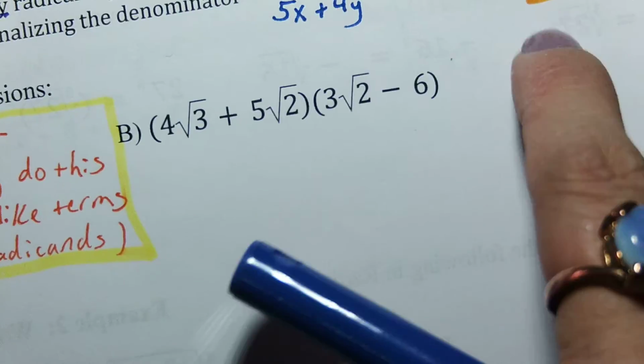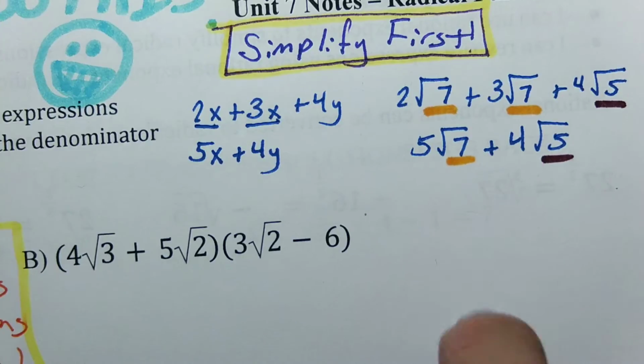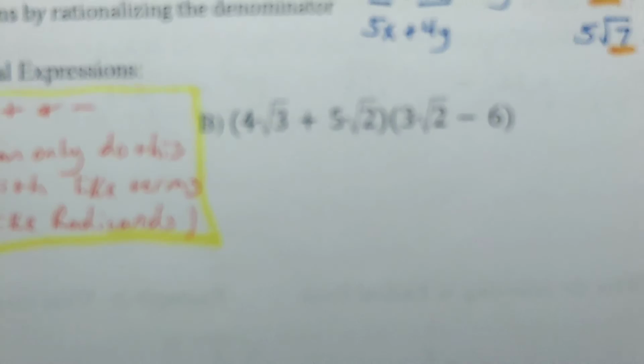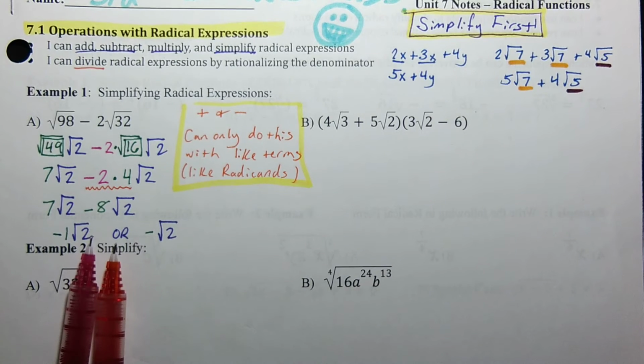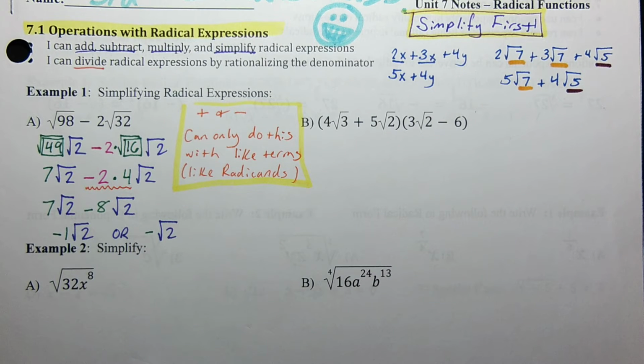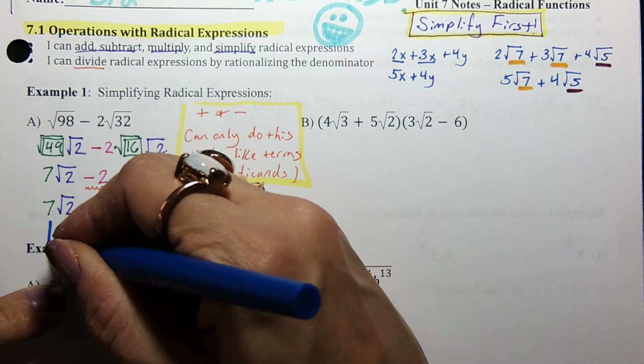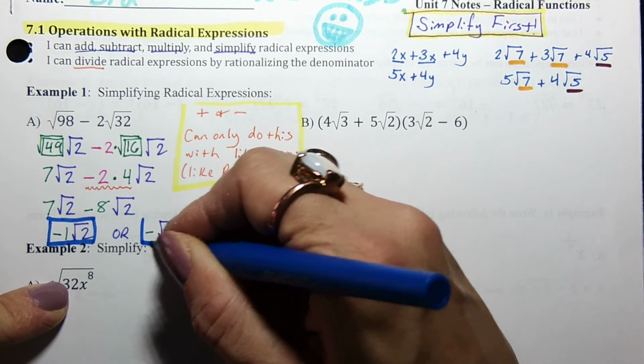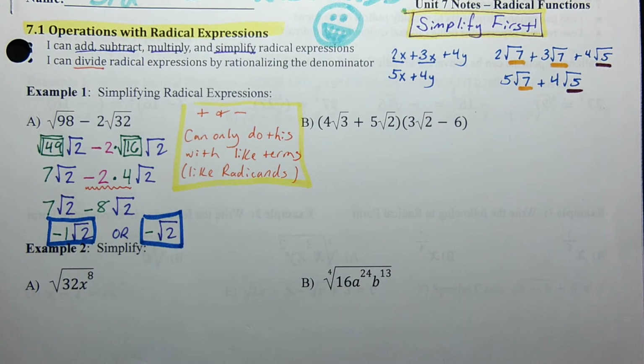Then you would leave it just like this example up here. Oh, no. So it has to be like terms? Yep, got to be like terms, got to have the same radicals to be able to add them. So you could have this, or you could have this. Having a negative radical 2 is the same as having a -1 radical 2.